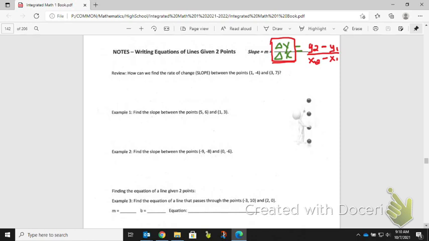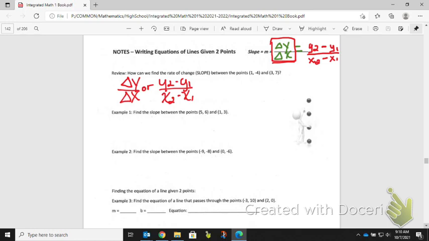So it says, review. How can we find the rate of change, otherwise known as the slope, between the points (1, -4) and (3, 7)? Okay. Well, again, we know it's the change in y divided by the change in x, or y sub 2 minus y sub 1 divided by x sub 2 minus x sub 1.